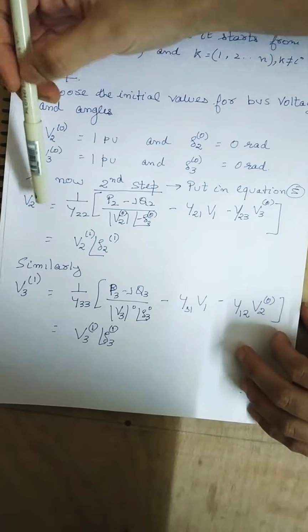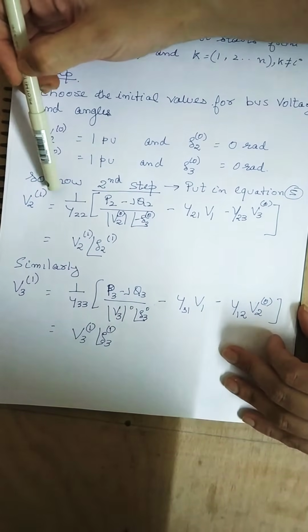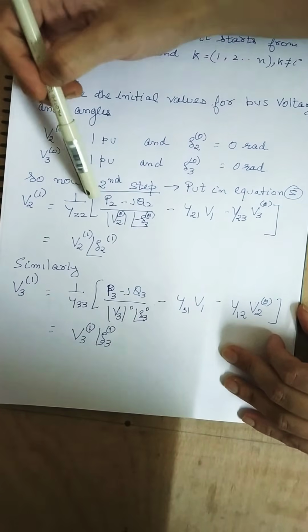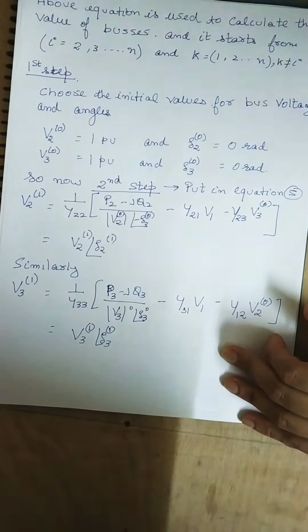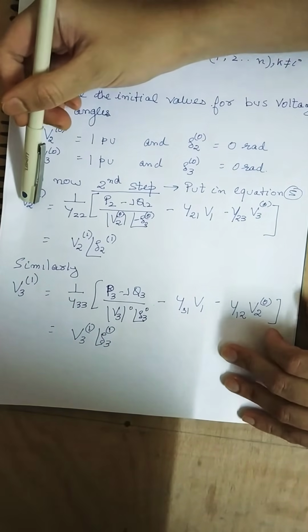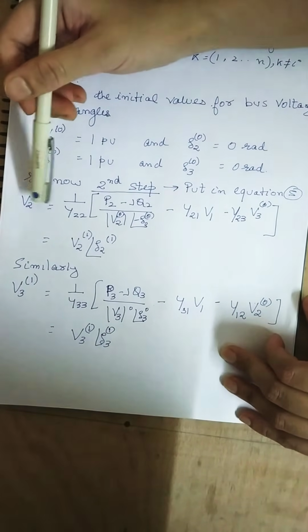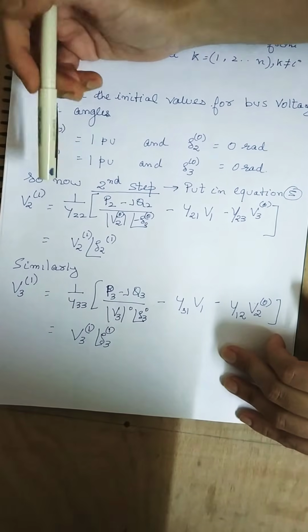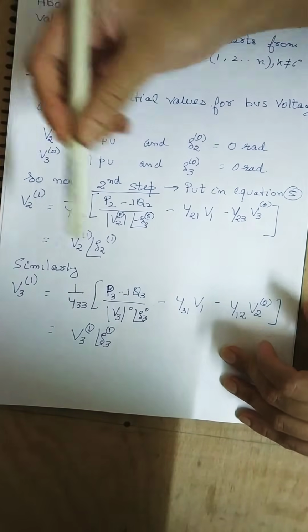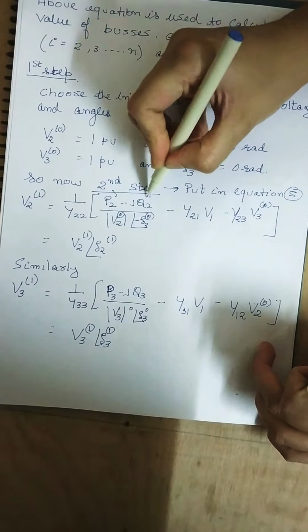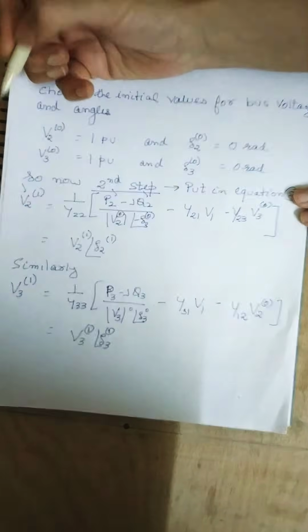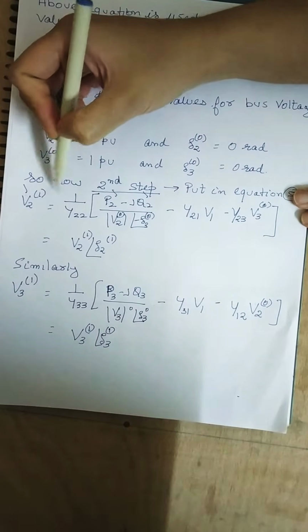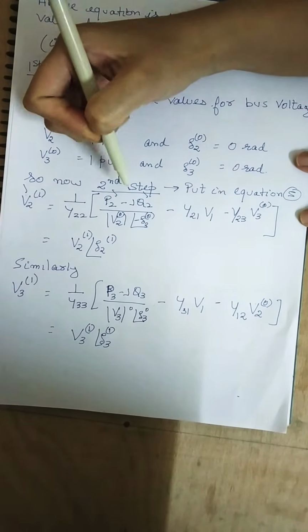Here we can see the equation of V2 1 will be, wherever it is i, we have to put 2. So we are now talking about the second bus. The second bus was a PQ bus, so we have to find voltage and angle there, because P and Q are already given. So we are taking the first iteration, wherever there is i, put 2.